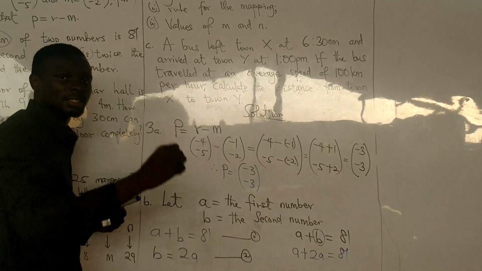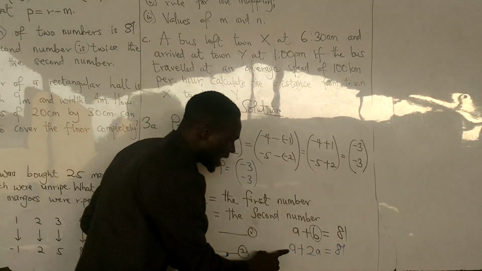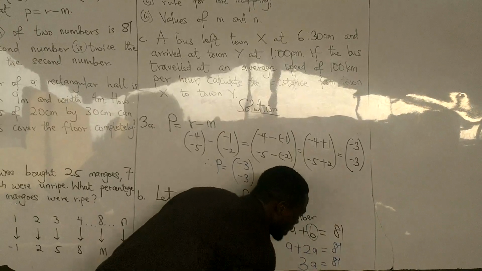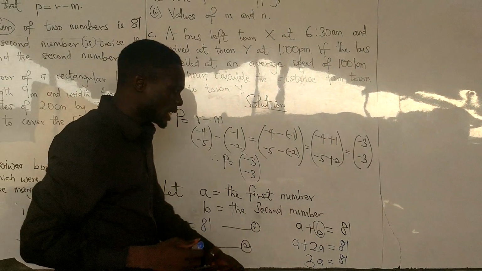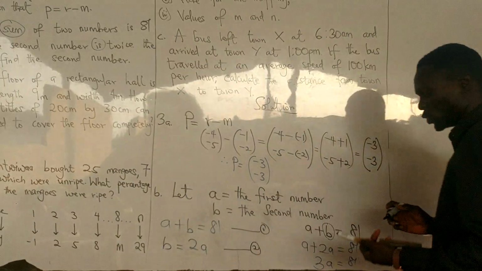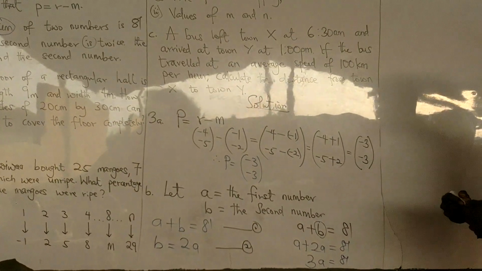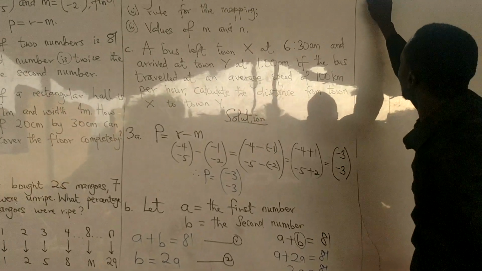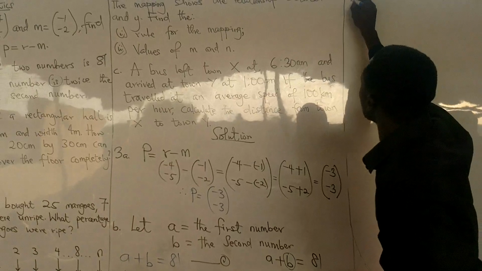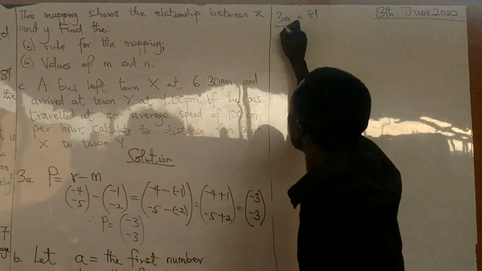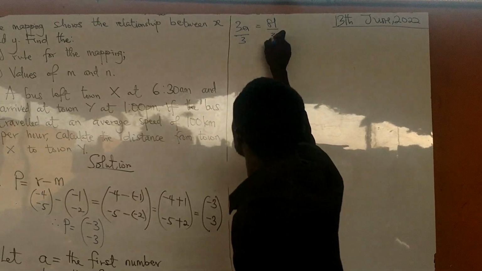Then this becomes a simple equation. a plus 2a gives us 3a is equal to 81. Then what do you do from here? We divide both sides by the number we don't need, which is 3. So 3a is equal to 81, divide by 3, divide by 3.